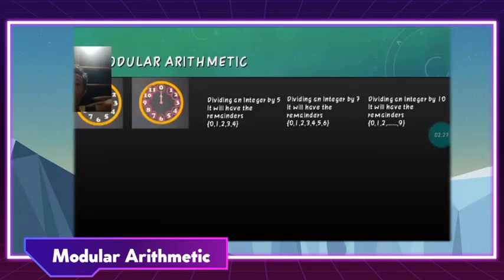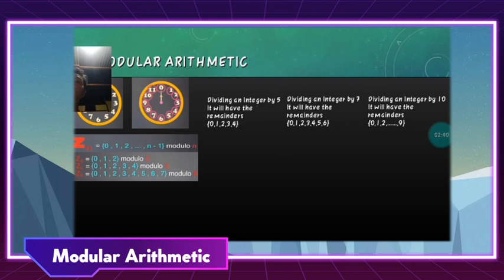Thus, we define Z sub n, or the integers Z divided by n, as the set of integers from 0 to n minus 1 modulo n. So we have Z sub 3 equal to the set of integers 0, 1, 2 modulo 3.